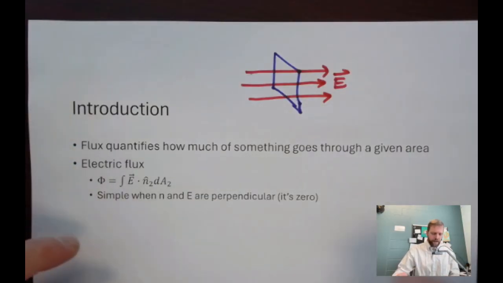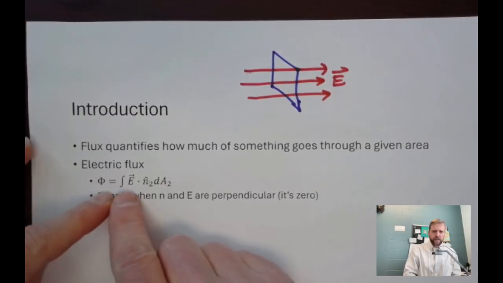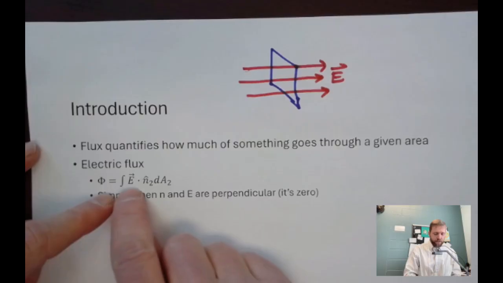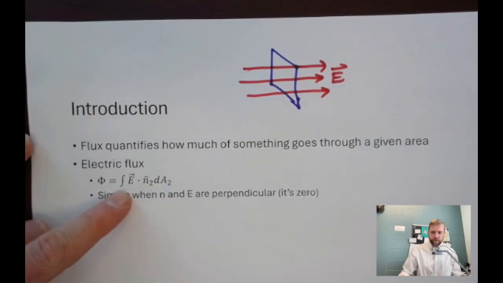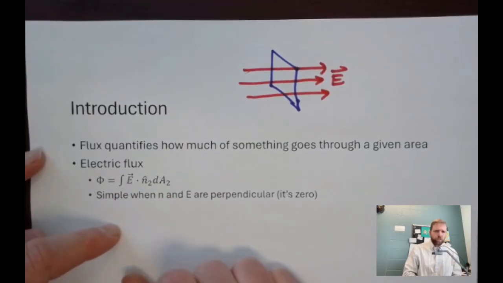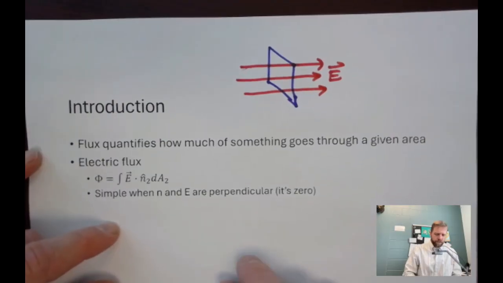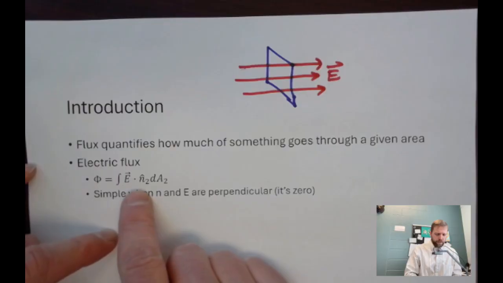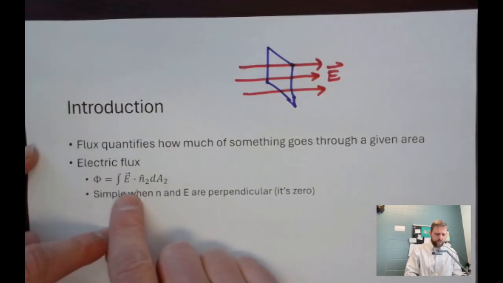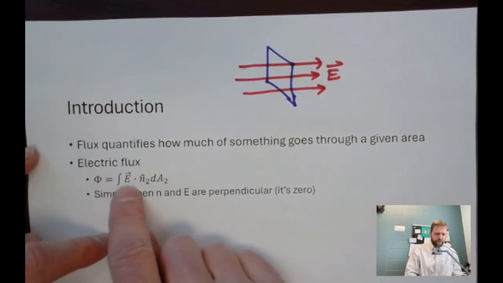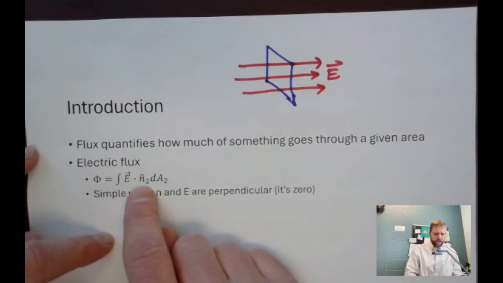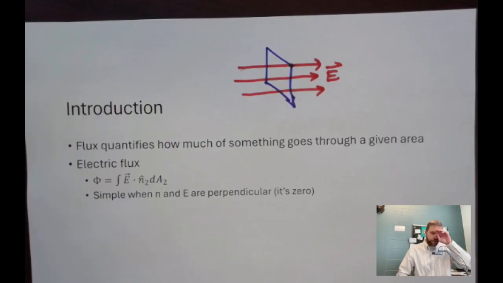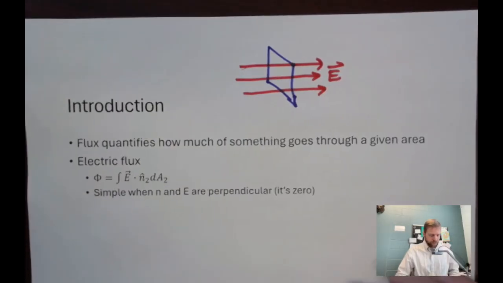In order to calculate this, it's an integral of the dot product of the electric field and the area vector. So this is simple when the electric field vector and the area vector are perpendicular, because then it's zero, because when you have a dot product like that, it's zero.